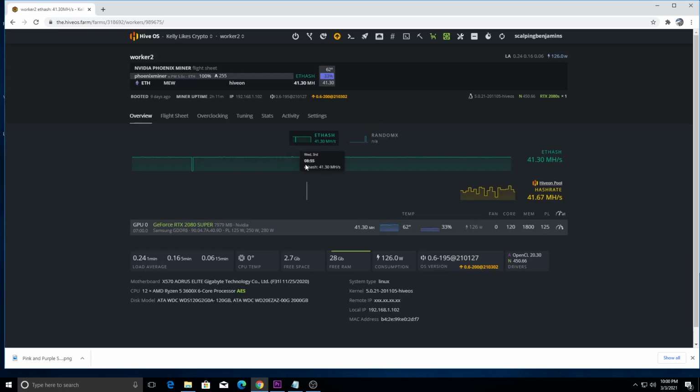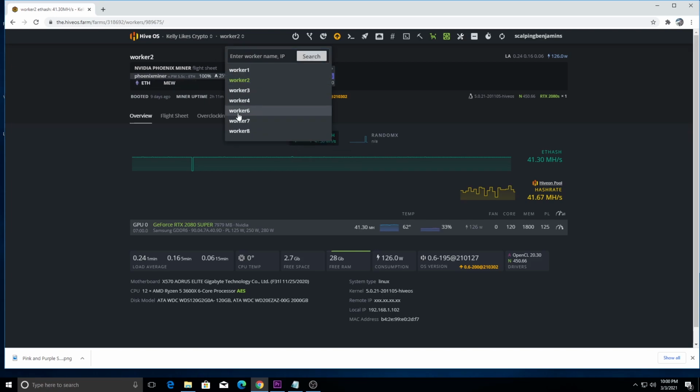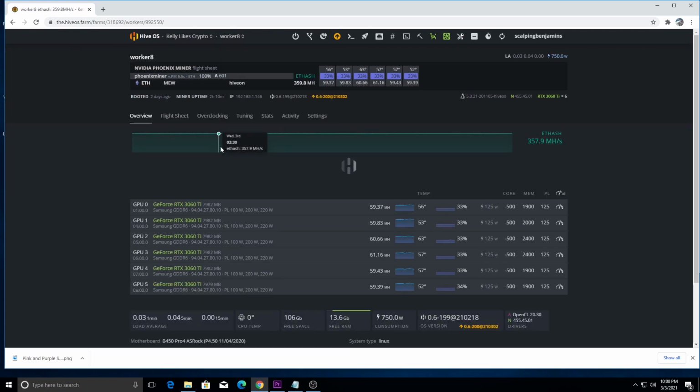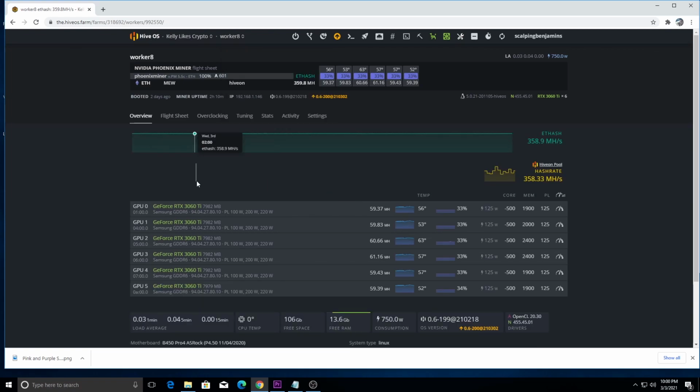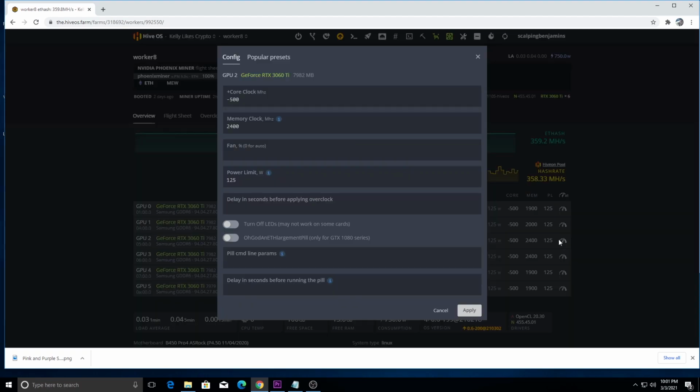And then the last ones, my cream of the crop, I actually just ordered 6 more. I'm excited. All right, my GeForce RTX 3060 Tis. These guys are awesome. The settings are all over the place. This is what the ultimate setting would be, if you could get it.